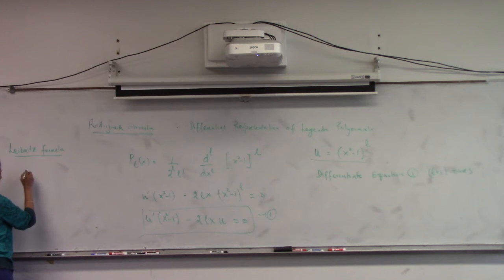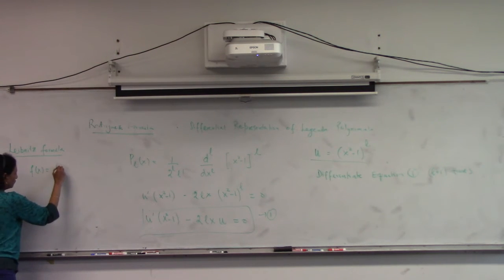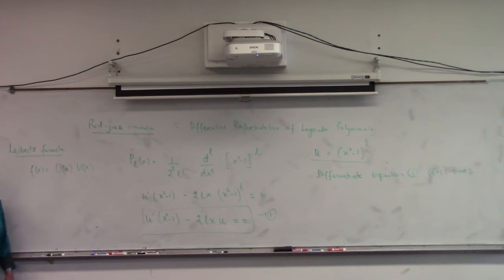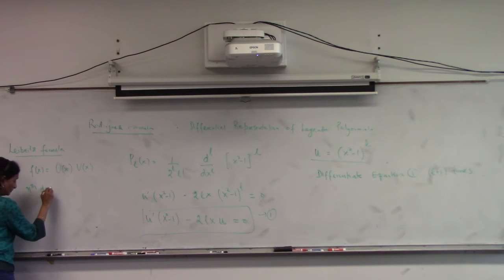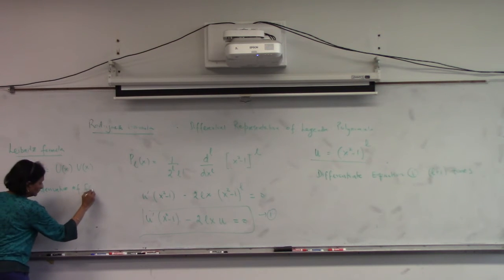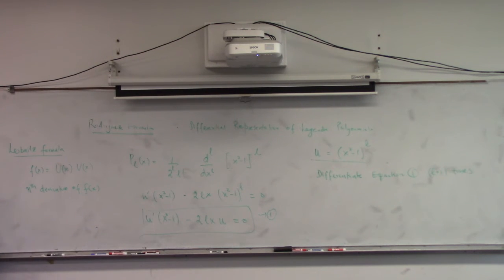If you have a function f of x, let's say, which is a product of two functions, and I want to take the nth derivative of this function, the formula is the following.